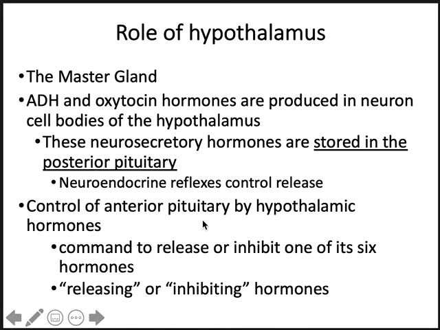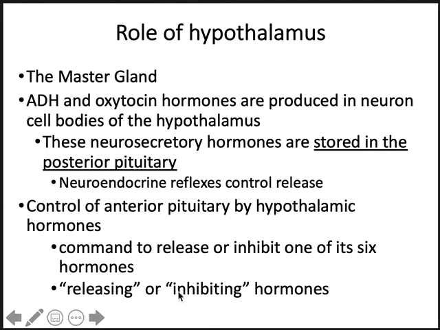So for example, TRH, thyrotropin releasing hormone, will stimulate the anterior pituitary to release TSH, to then stimulate the thyroid to release thyroxine.